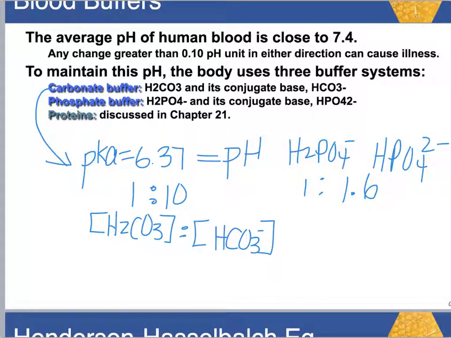Now this still works better for acidic solutions. However, this system has a pKa of 7.21, which you know is equal to the pH. So this is closer to the actual pH of the blood.